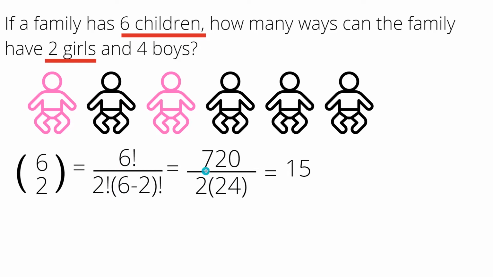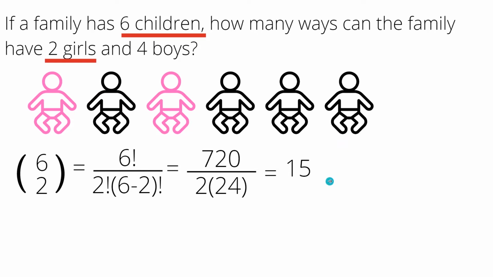And when you plug it into the formula, you get that there are 15 ways to get 2 girls. Now, what about these 4 boys? What I want to convince you of is that if you have 2 girls and 6 children, then the other 4 have to be boys. So the answer to this question is that there's only 15 ways to do this.